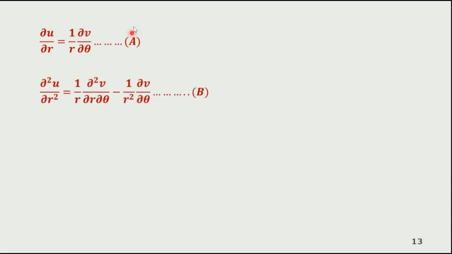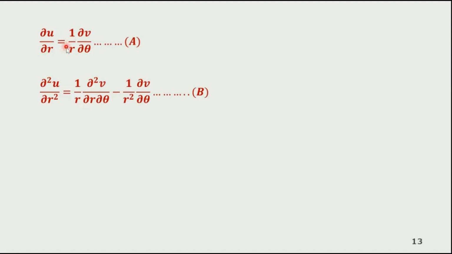Okay, so I'll just show you in the next slide. This is the first equation. Now we have to differentiate this. हमें क्या करना है, 1/r into derivative of this function with respect to r. इसको हम लिख सकते हैं ∂²v/∂r∂θ, then plus ∂v/∂θ into derivative of 1/r which is -1/r². यहाँ पे हमने प्रोडक्ट रूल u into v अप्लाई किया है, u into derivative of v plus v into derivative of u.